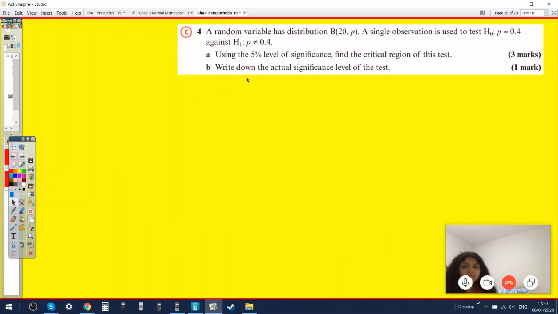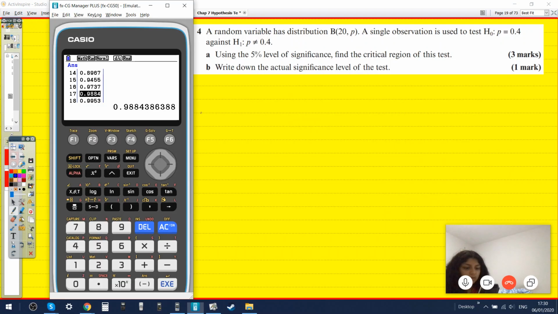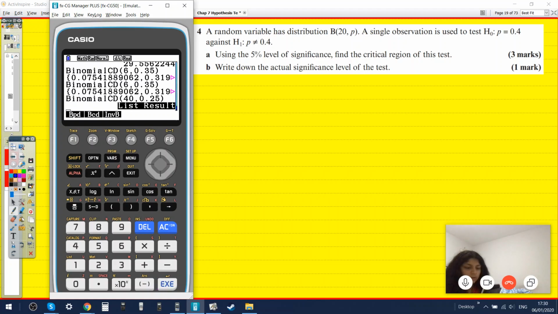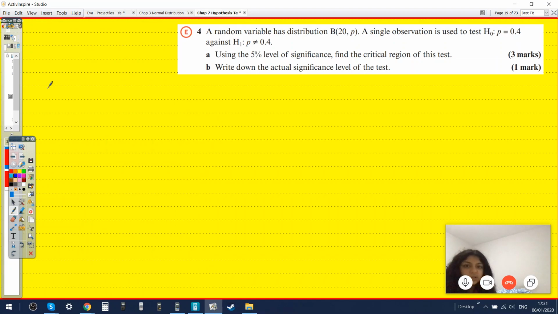So this is binomial. Okay, let's try this one. 20, 0.4. I did it wrong. So x is less than or equal to 5, and then I'm still finding the second one.